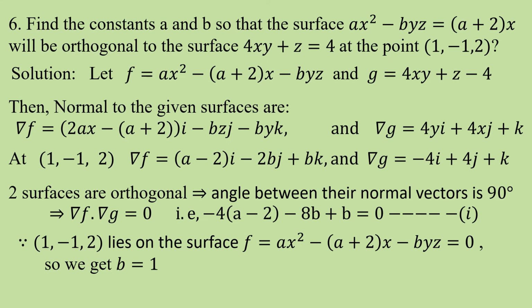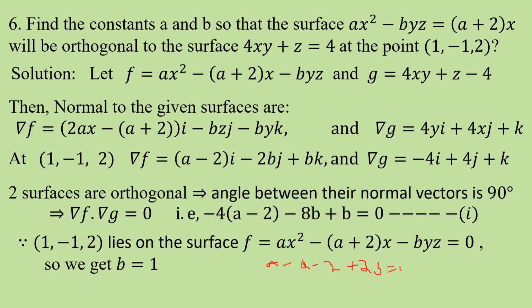So if I substitute, that gives a into 1 minus (a plus 2) into 1, that is minus of (a plus 2) is minus a minus 2, plus minus b into y into z. Y is -1, z is 2, so minus of minus, plus b into 1 into 2, that is plus 2b. So I got a minus a minus 2 plus 2b equal to 0.